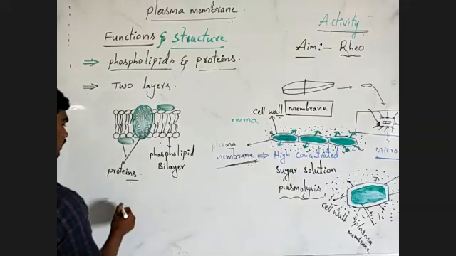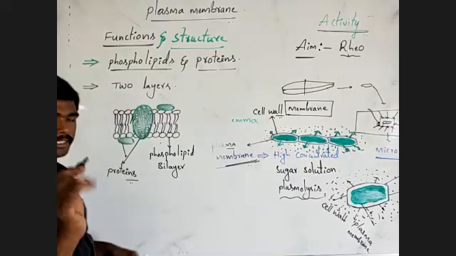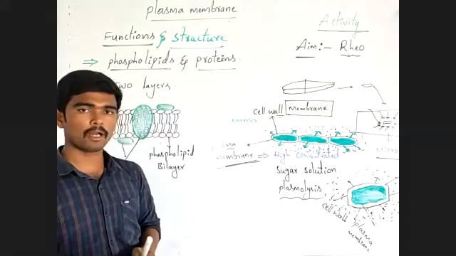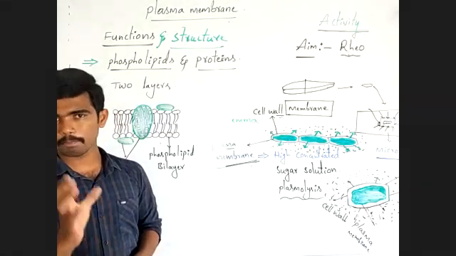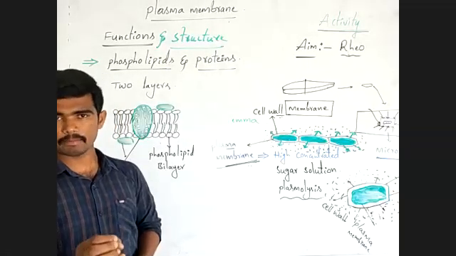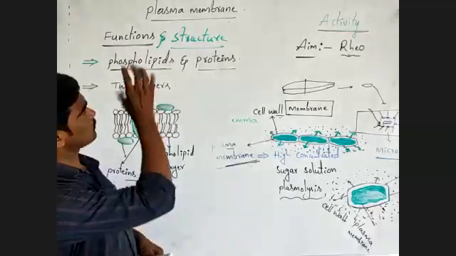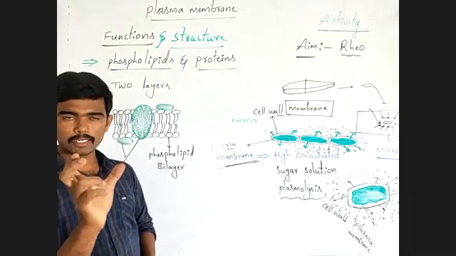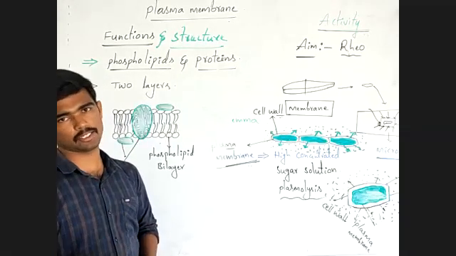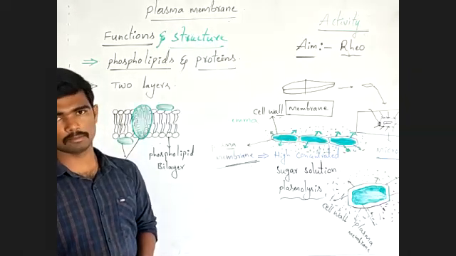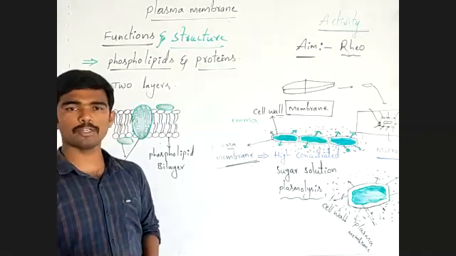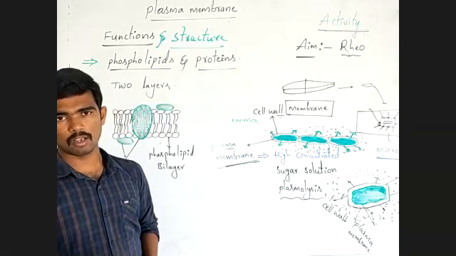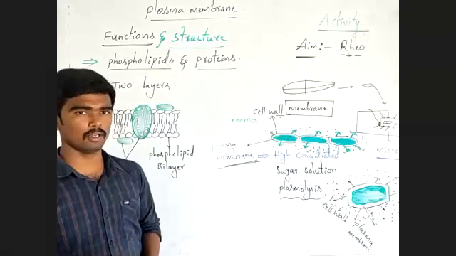Singer and Nicholson, two scientists, proposed the chemical structure of the plasma membrane by a very important model, that is the fluid mosaic model.